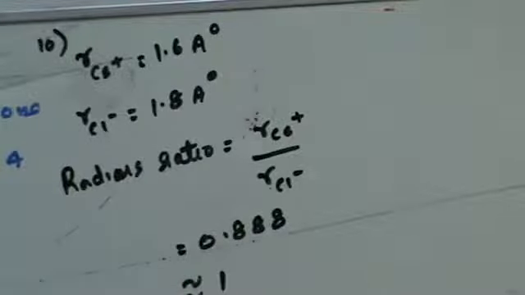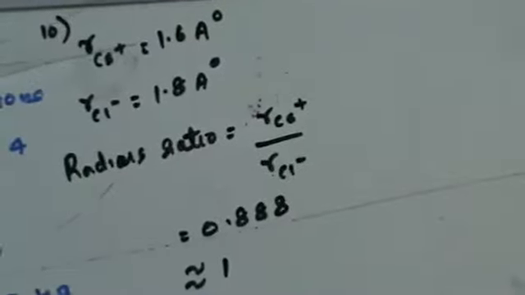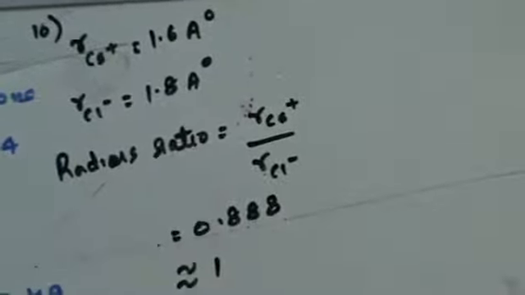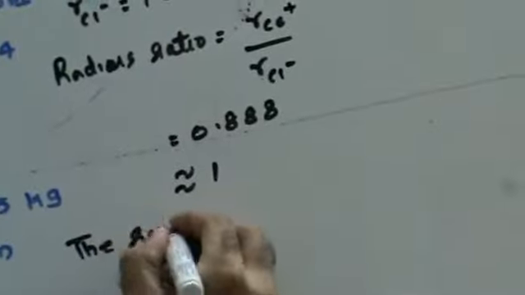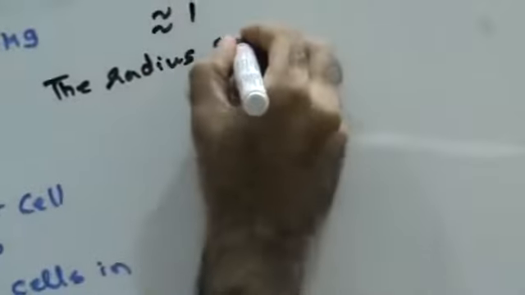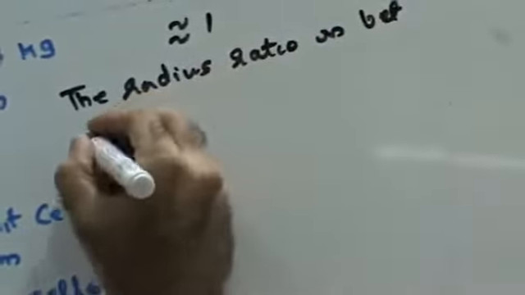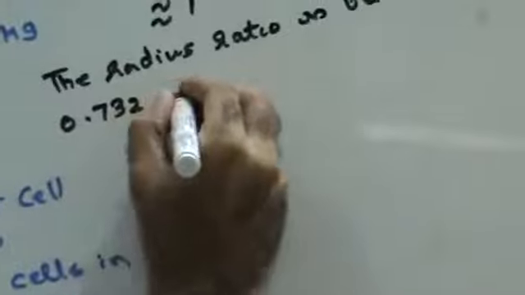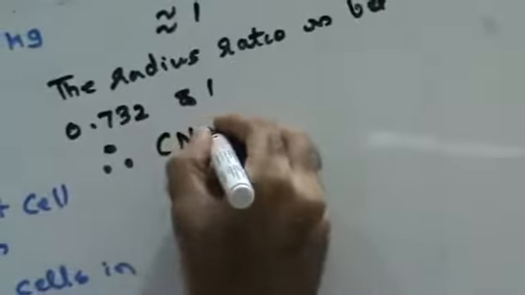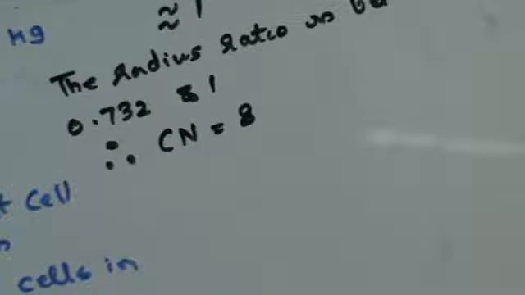Now, the radius ratio is between 0.732 and 1. Therefore, its coordination number is going to be 8. If the radius ratio is between 0.73 and 1, then the coordination number will be 8. Fine. Next. That's a formula.